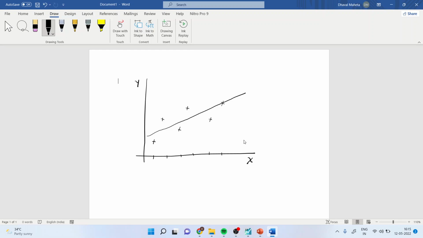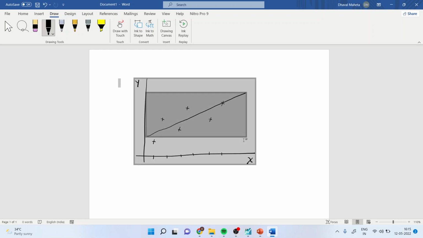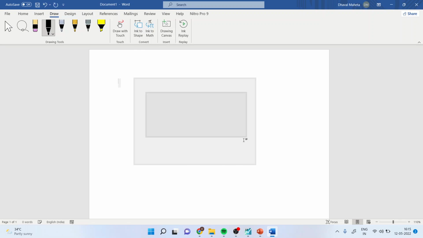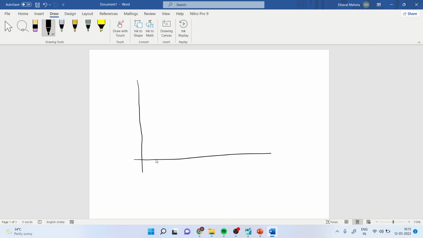But when I talk about regression in time series, let's see what happens. For every value of x, it may be possible that we have many values of y. For example, x is the education: 8 standard, 9 standard, 10 standard, 12 standard, and here is the income.